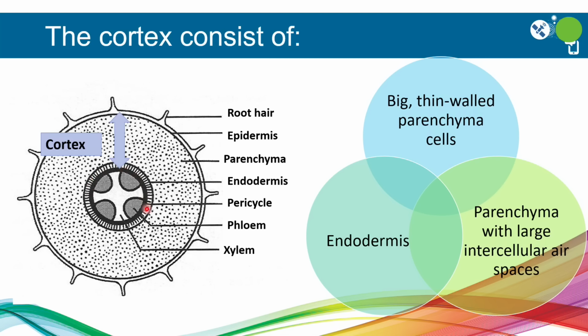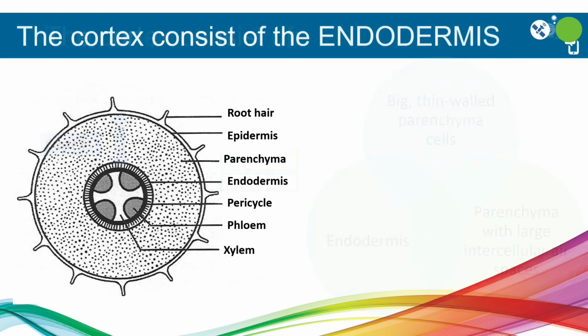So in a test or exam situation, you might need to explain the pathway of water, and then you start with the root hair, you move over the cortex consisting of parenchyma tissue, we reach the endodermal layer, which is this section here, and right after that we will reach the pericycle and the vascular tissue.